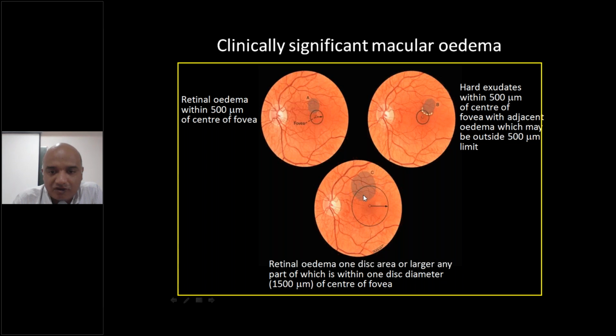So if this edema is occupying the central 1500 microns in the area, and there is an area of retinal edema which is occupying within one disc diameter of the center of the fovea, then you think of macular edema.